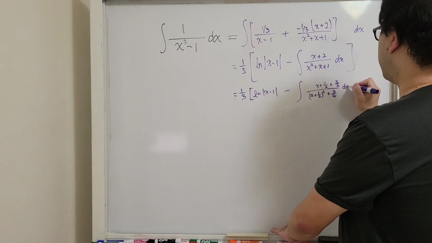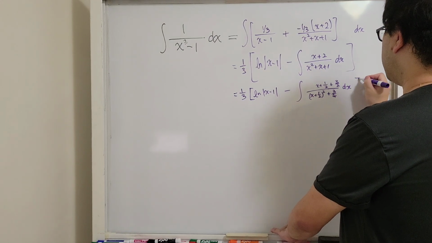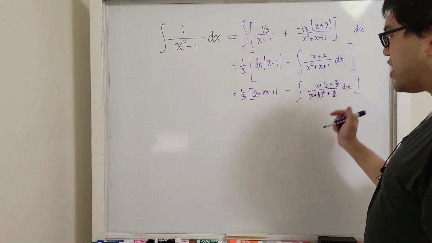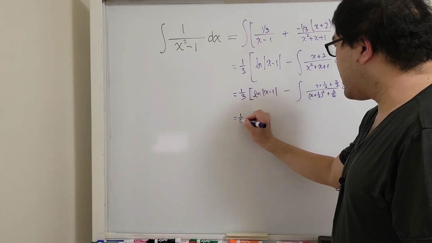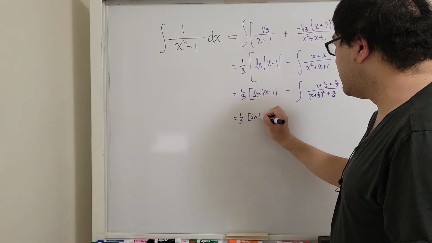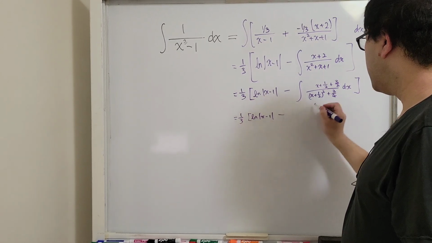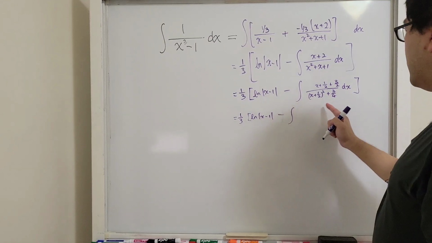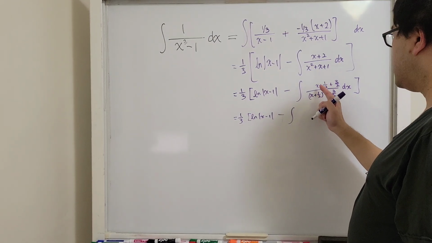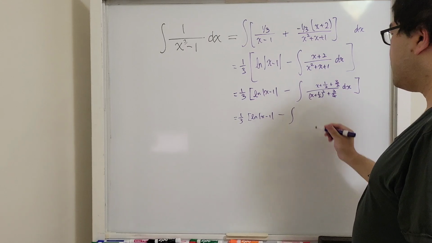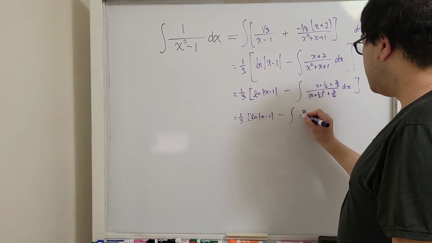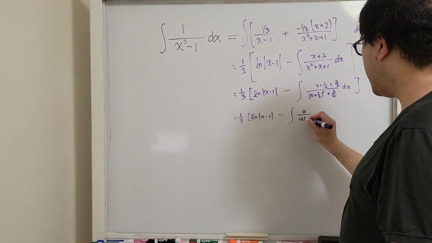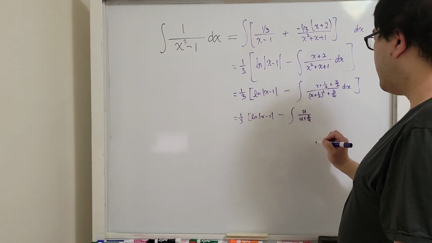And now we can break this second part into two fractions again and get the integral of u over u squared plus 3/4.